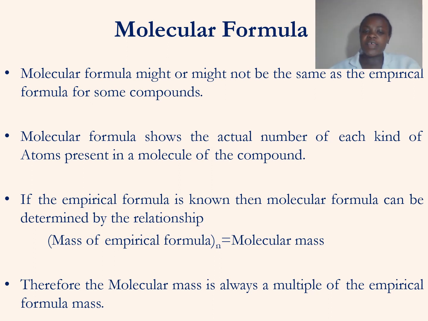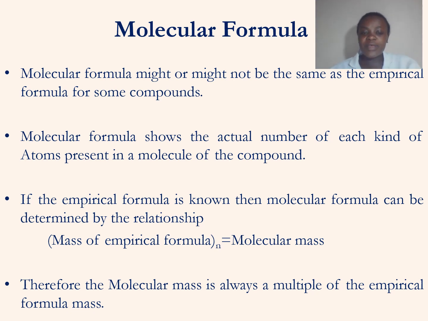If the empirical formula is known, then the molecular formula can be determined by this relationship, where the mass of the empirical formula multiplied by a certain number will give us the molecular mass. So we first get the empirical formula using the same steps we used in the previous lesson.